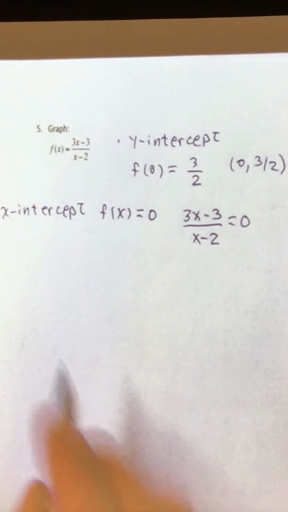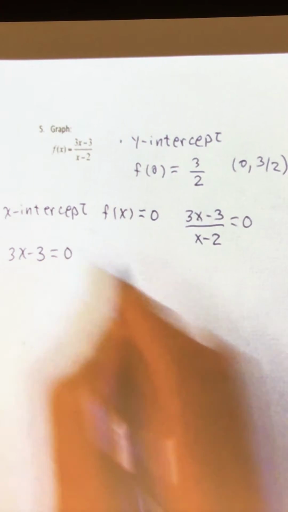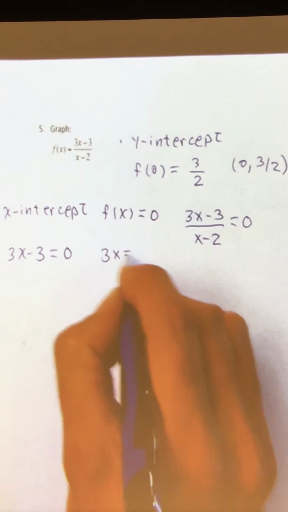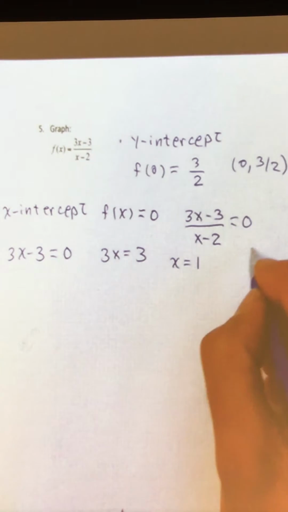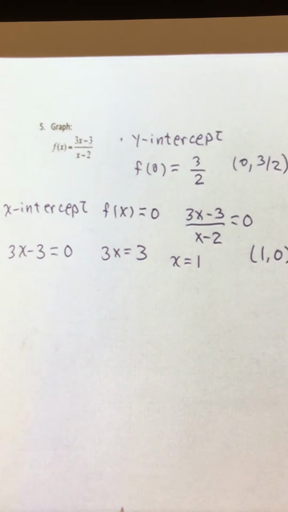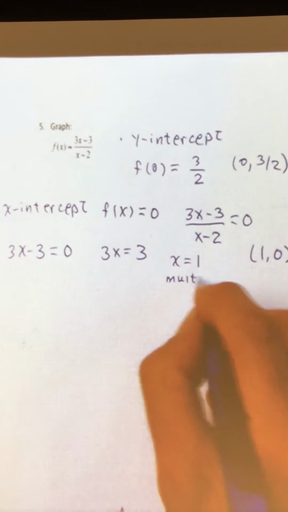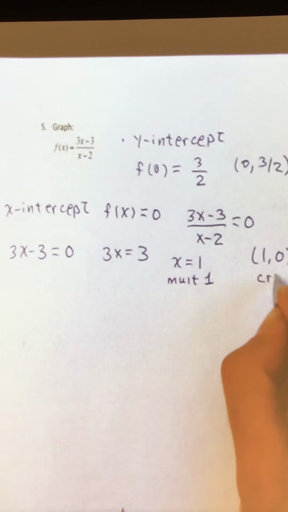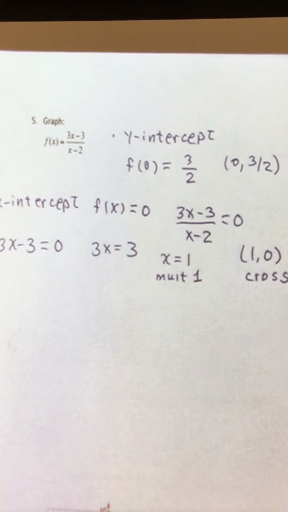The only way that fraction can be 0 is if the numerator is 0, and that will give 3x = 3, or x = 1. So we have (1, 0) as our only x-intercept. Also note that this has multiplicity of 1, so the graph will actually cross that x-intercept at (1, 0).